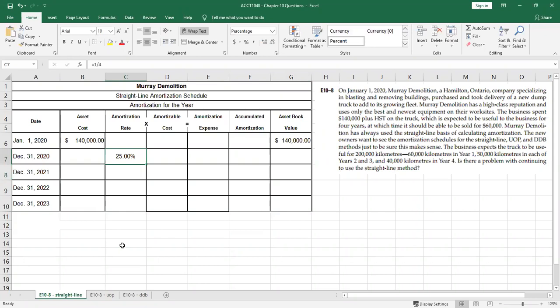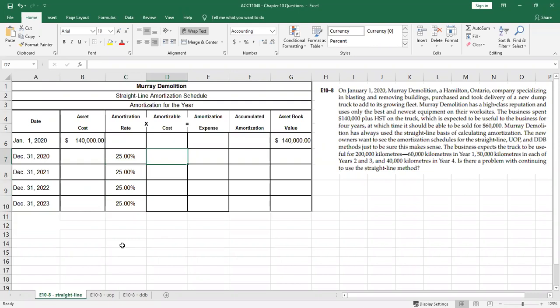In each of those 4 years, we amortize the asset by 25%. So we can actually use that same amortization rate for each of the 4 years. And that's the wonderful thing about the straight line method. The amortization rate will be the same, will be consistent in each of those 4 years.